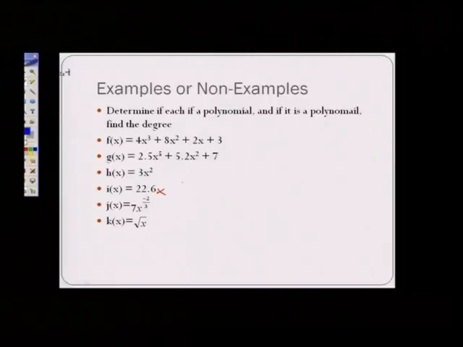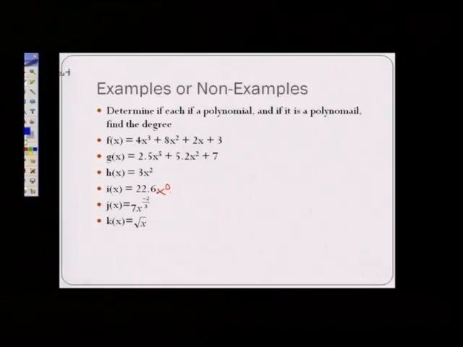Well, what if I raise it to the first power? Nope, then it's 22.6x. What if I raise it to the 0 power? Yep, that is okay. 22.6 times x to the 0 power, that's another way to write 22.6 because x to the 0 power is 1. Our value is still 22.6, so yeah, that one's a polynomial.